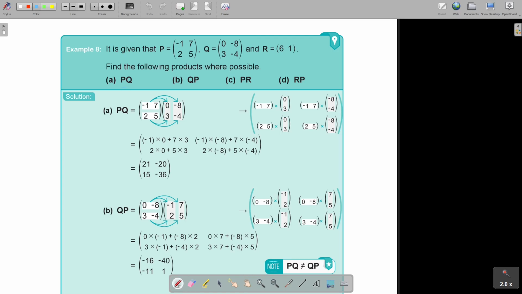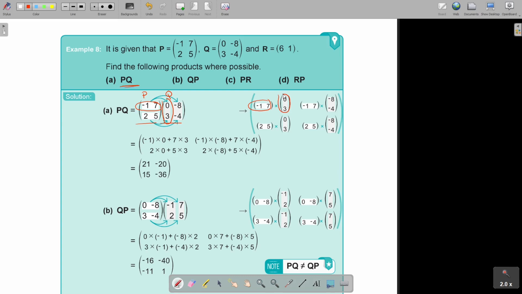Let's just find PQ. Now, it's very important that you first write it next to each other. This P, and the order is very, very important. So first P, then Q. Now, what I showed you with the colors here is that you will always take a row and multiply it with a column. That's what I showed you there.